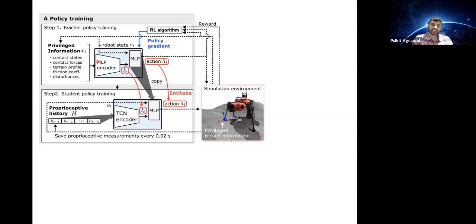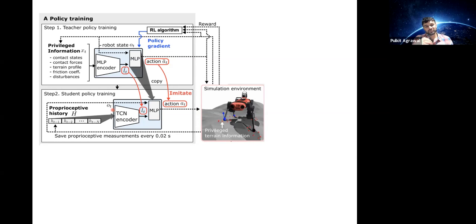The teacher policy was learned using reinforcement learning, and it is easy to learn because I have access to privileged information. If I did reinforcement learning from this proprioceptive information, it might be much harder. So instead of doing reinforcement learning, I end up doing supervised learning, where supervision for action ends up coming from the teacher policy.